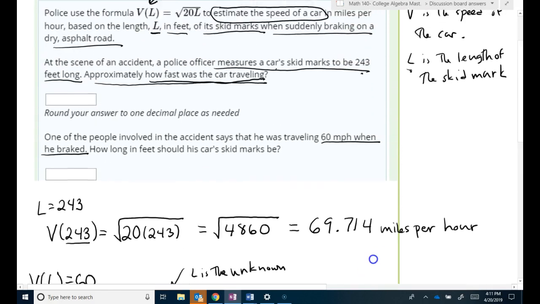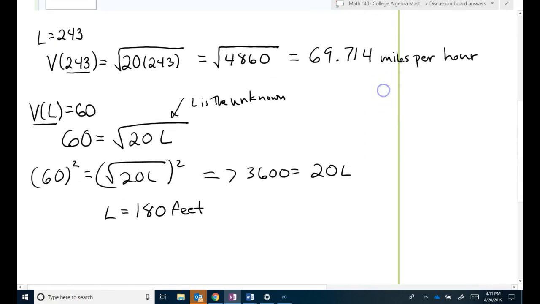Our values are in terms of feet. That's it. A couple of things just to make sure we got this. Remember, if I'm trying to isolate a variable and I have a square root, I'm going to square both sides. That's how I ended up with the 3,600. And then we divide both sides by 20, and that's going to give me L.